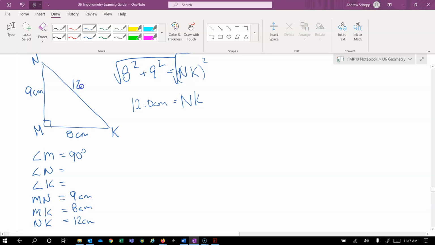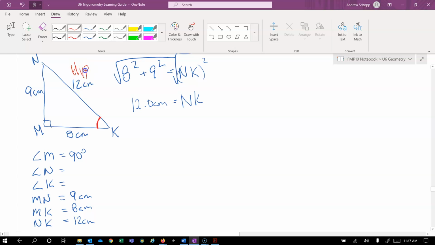We can add that one to the diagram, but like I said, it's not a given piece of information, so I wouldn't use it. Next, it doesn't matter if you choose N or K to find. Let's start with angle K. I'm going to label my sides.